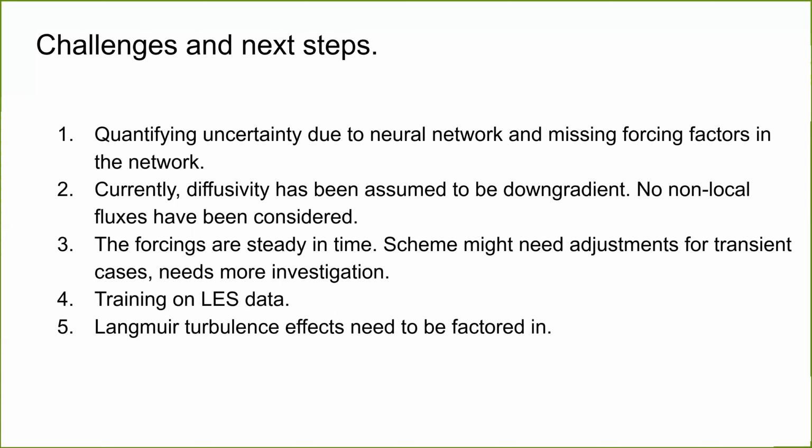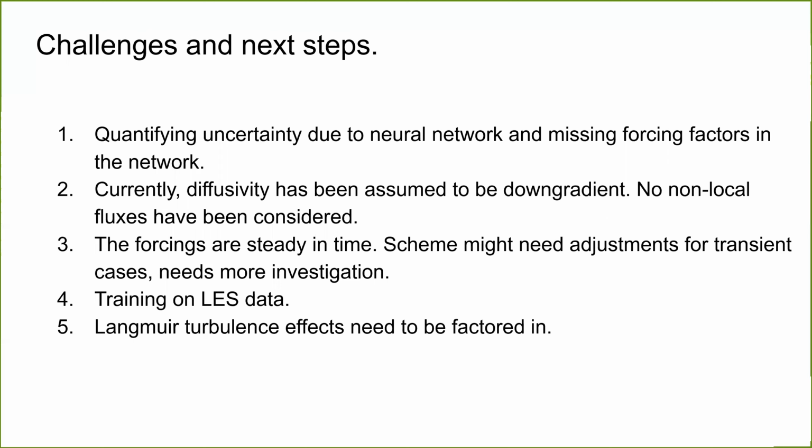Challenges and next steps. We need to quantify the uncertainty due to the neural network and missing forcing factors in the network. Currently, diffusivity has been assumed to be down gradient. No non-local fluxes have been considered. The forcings are steady in time. The scheme might need some adjustments for transient cases.